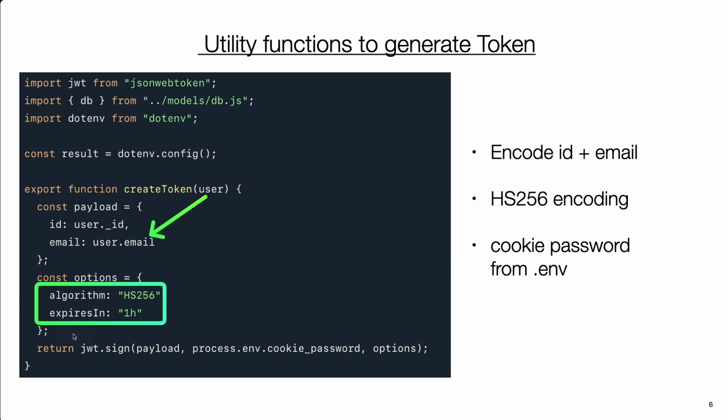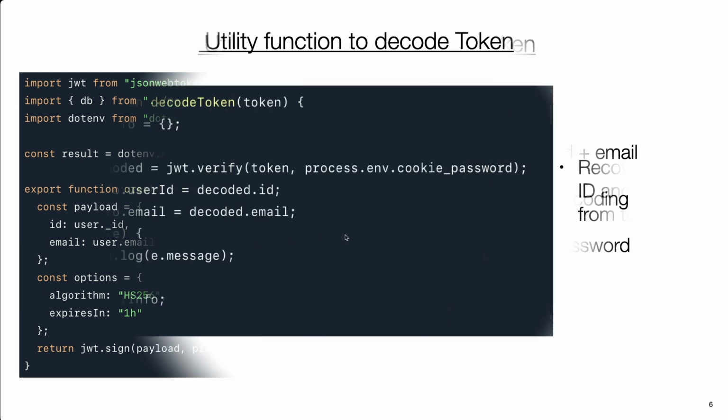And then we're signing the token and returning that as the token we've just created. Notice that we are using the cookie password as our key here. We could maybe have a special one for JWT, but we've already got the cookie password set up, so that'll be fine for the moment. So that's the first function. This will create a token for us from a user object.